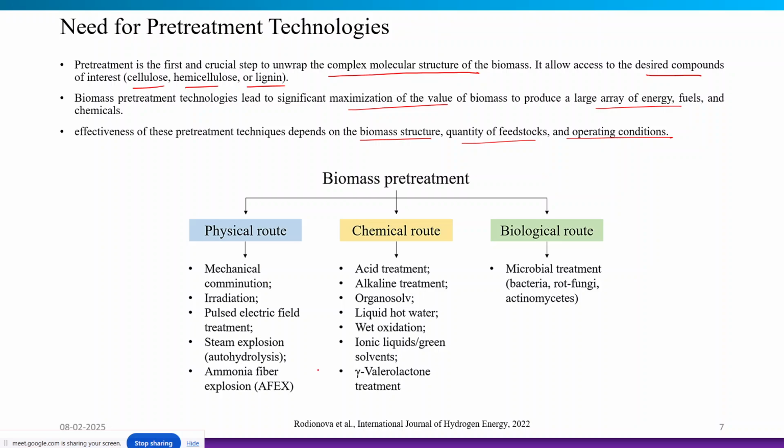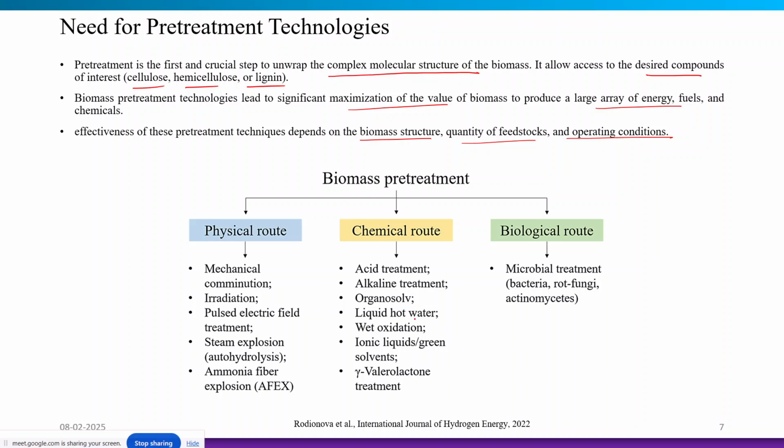These are the various types of physical routes that we use to pretreat the biomass before introducing it to the biorefinery.